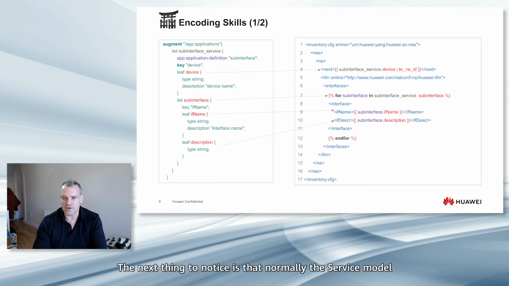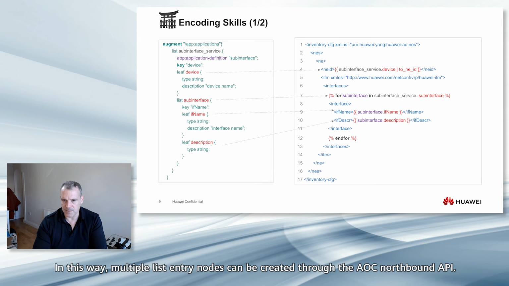The next thing to notice is that normally the service model in Yang, its root node is specified as a list node. In this way, multiple list entry nodes can be created through the AOC northbound API.